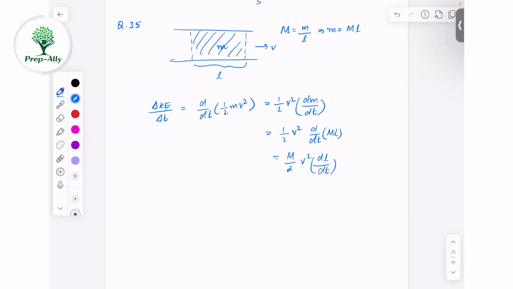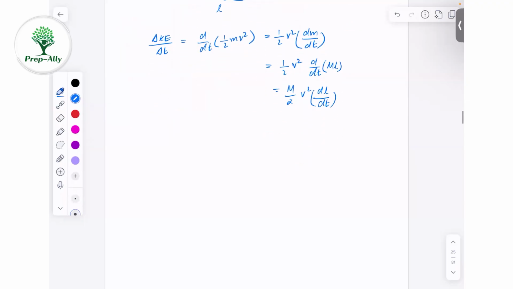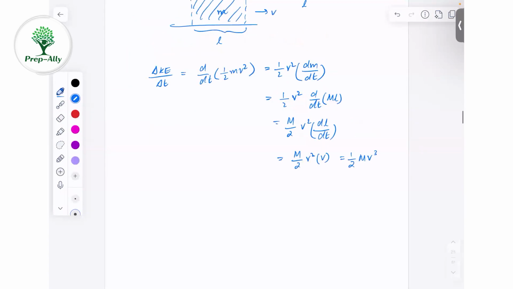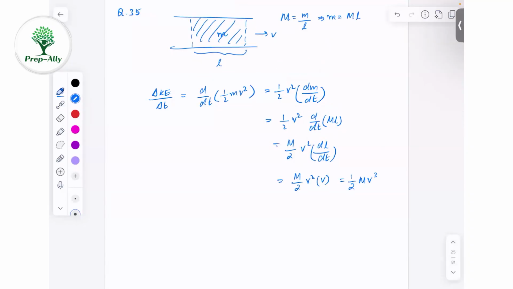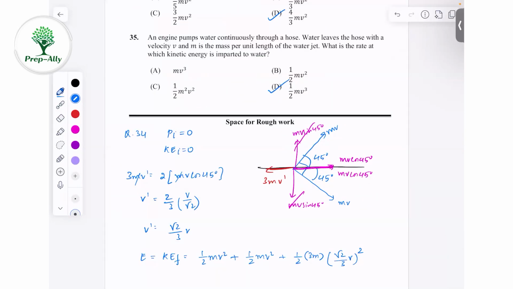And what is dl by dt? That is going to be the velocity at which water is ejected. So this is going to be half m v cube. That is the rate at which kinetic energy is given to the water.